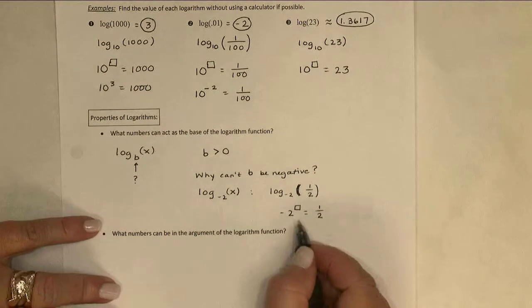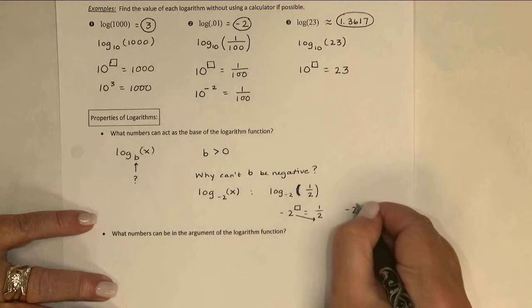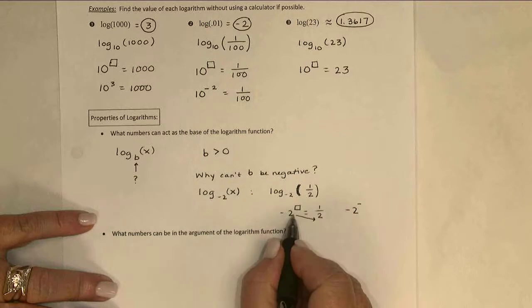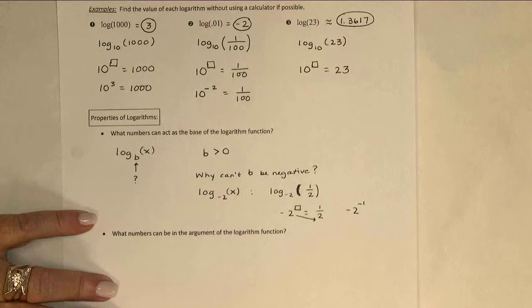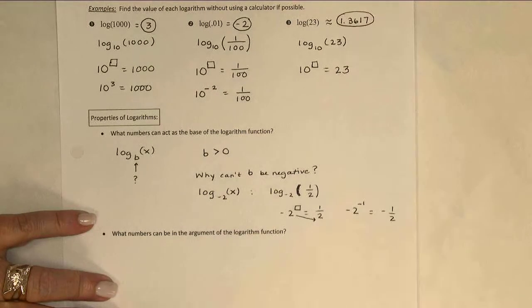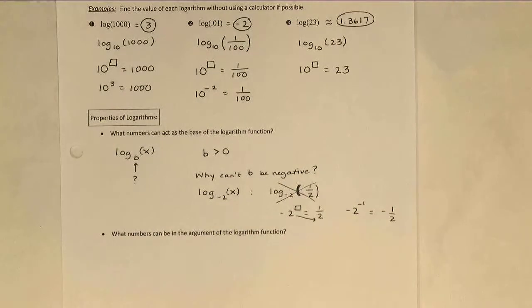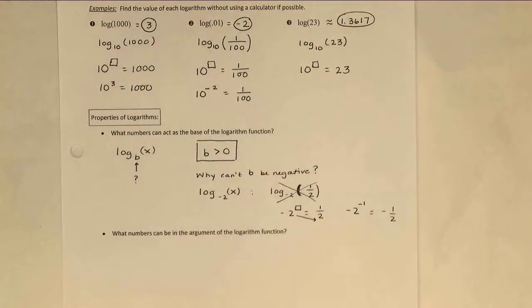Well, I know to put this in the denominator, I'd have a negative exponent, but it's actually 2 to the first power. And a negative number to an odd power stays negative. So that would still be negative 1/2, not positive 1/2. And so this actually doesn't work. There are other reasons as well, but that's one good reason why we really can't have a negative base on our logarithm. It's just not able to be evaluated in many cases. So we'll always use positive bases on our logarithms.